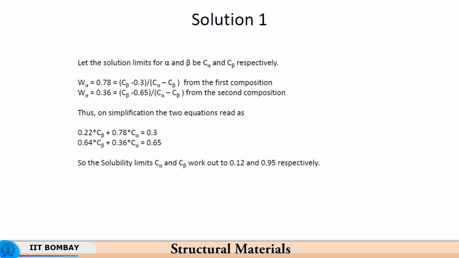So, let us see how we obtain that answer. We have percentage of alpha, everything in weight percent. So, this is 0.78. Now, this is the solubility limit for C beta minus 0.3 upon C alpha minus C beta for the first composition, and for the second composition the same percentage of alpha is given by C beta.